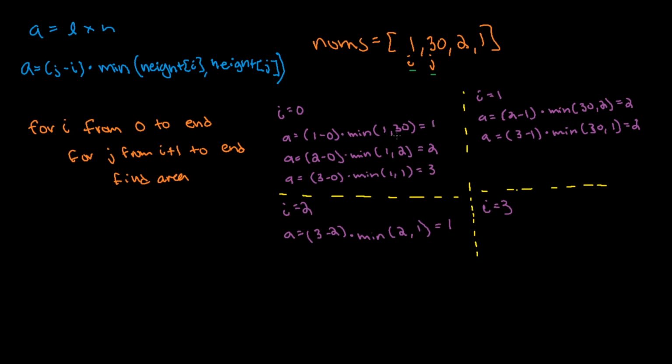We can see that we didn't even use this 30 for any of these calculations because we're bounded by our lower bound. So what does this tell us? Well, we can see here that our max is 3, and that comes from looking at these edges. So maybe a smarter approach would be to start by calculating the area for the first and last index, and then working our way inwards.